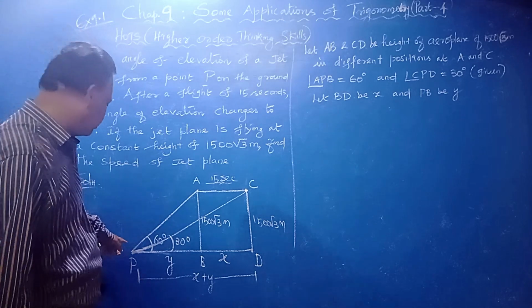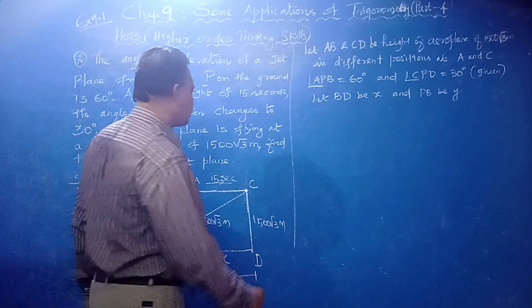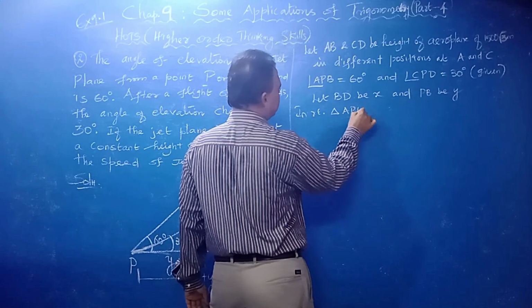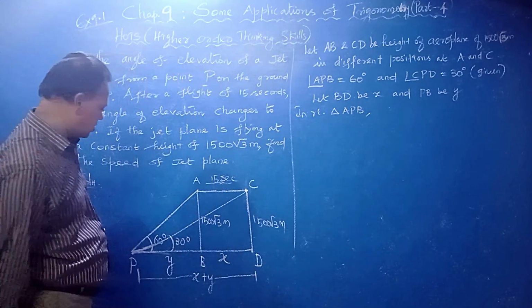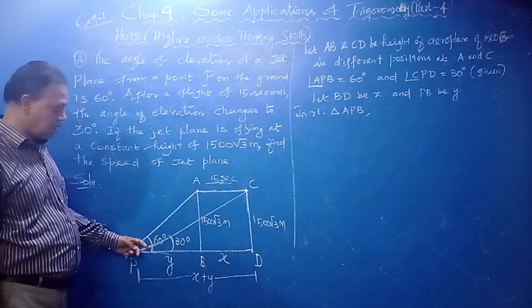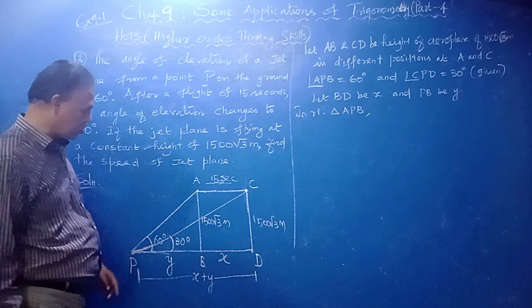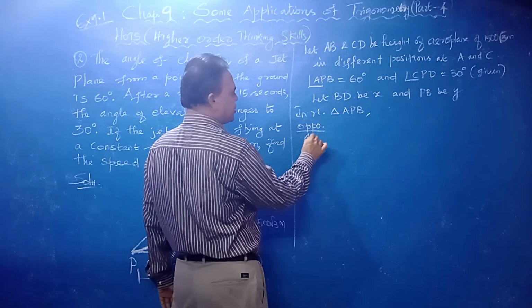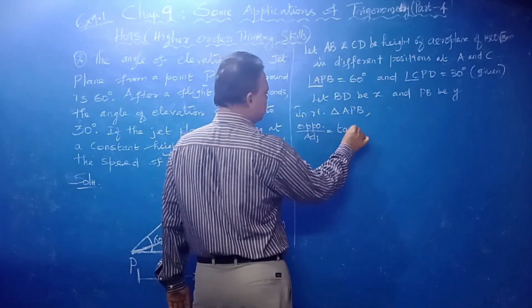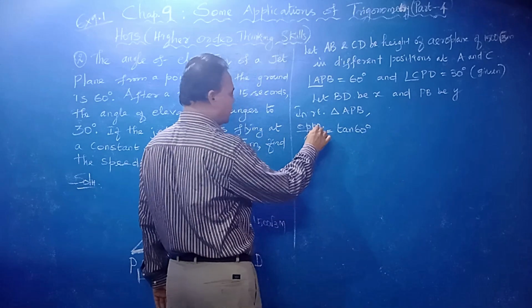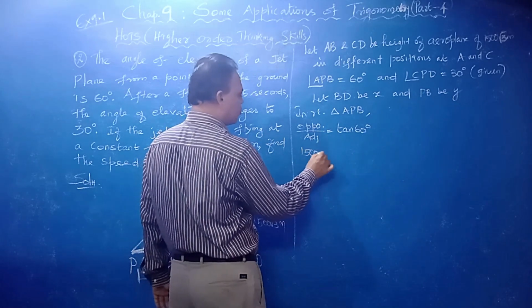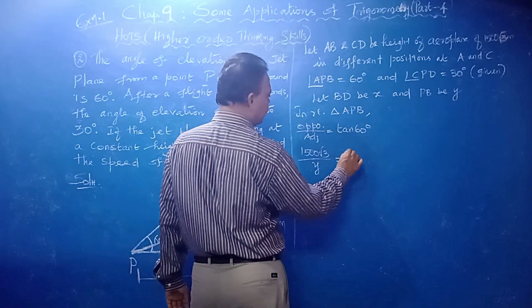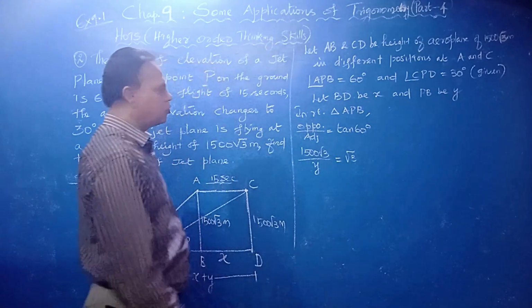Now in right triangle APB, find the opposite side by the adjacent side: tan 60 equals opposite by adjacent, which is 1500 root 3 by y.